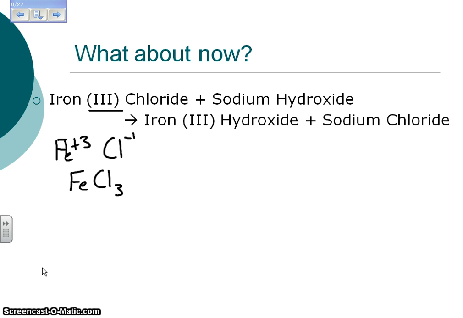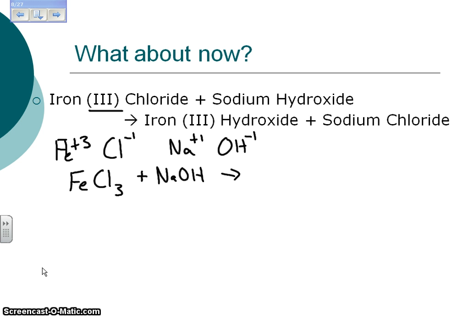Plus sodium hydroxide. Sodium is Na. It's got a +1 charge. Hydroxide is OH -1. Least common multiple is 1. So NaOH yields iron 3 hydroxide.